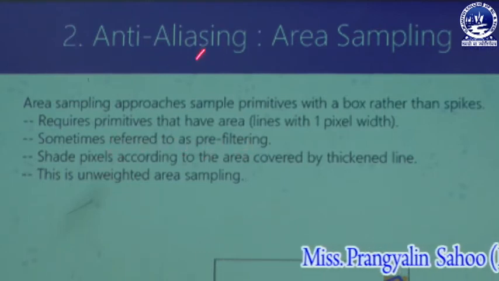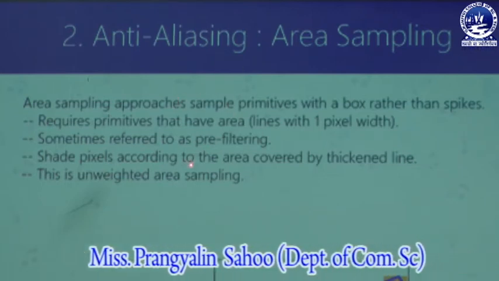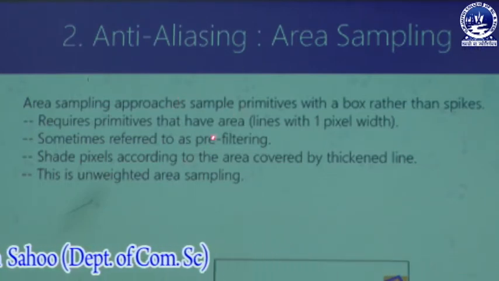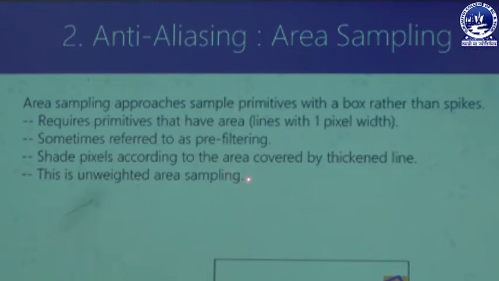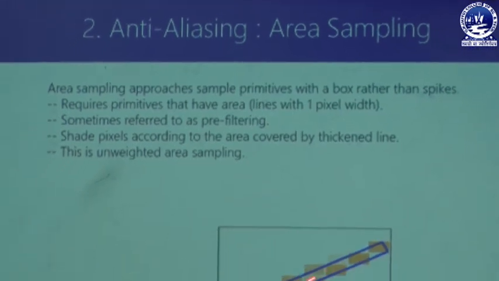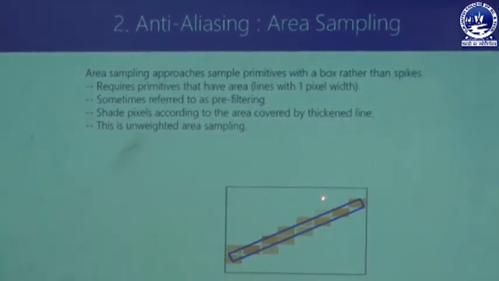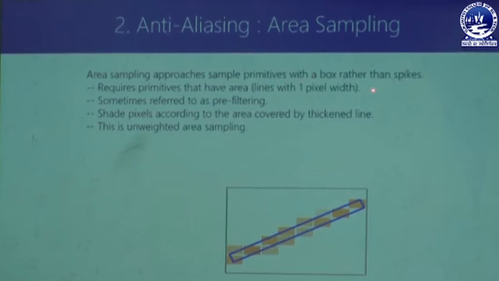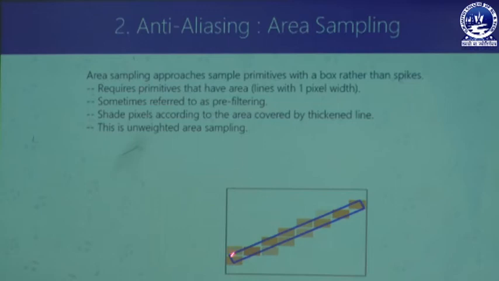In anti-aliasing, whenever we scan the pictorial elements on the output devices so the pictures are viewed in a realistic format, first it checks a primitive box which stores some number of pixel points. After that, each pixel point is rejoined by using the pre-filtering concept. Then it sets the pixels according to the area covered by the thickened line. By using the thickened line, this is unweighted sampling.